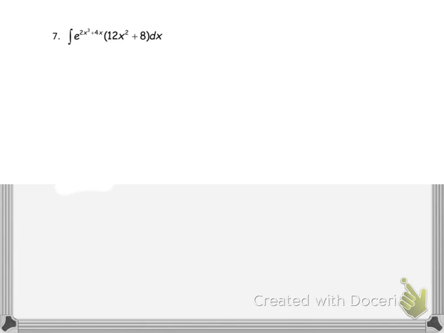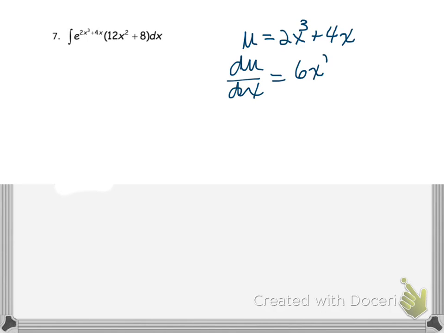So here again, we're going to look for our u, and your cue is to look at the exponent of the e. So I'm going to say that my u equals 2x cubed plus 4x. Therefore, my du dx will equal 6x squared plus 4.